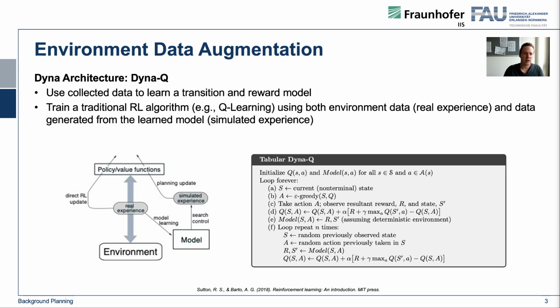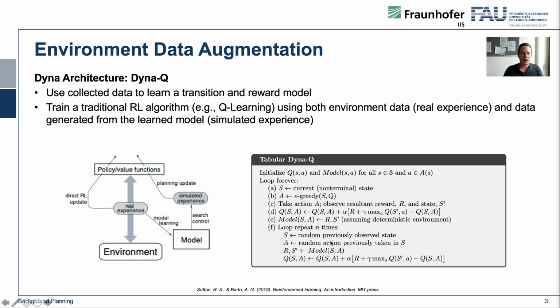And what we also do in each step of the environment, while we take a real environment sample to train our Q function, is in F we repeat n times: we randomly select a previously observed state, we randomly sample an action that we previously have taken in S, and we run our model on S, A to get the reward and the successor state that we can expect from this state and action combination.